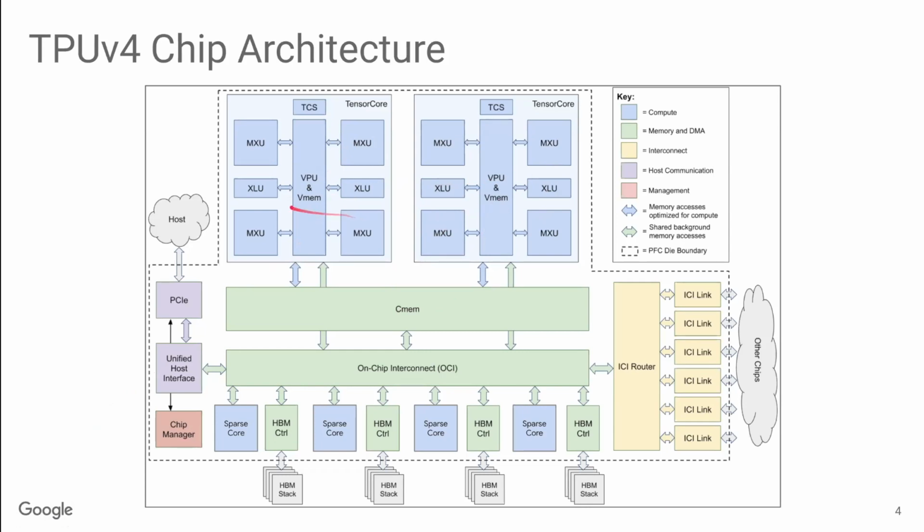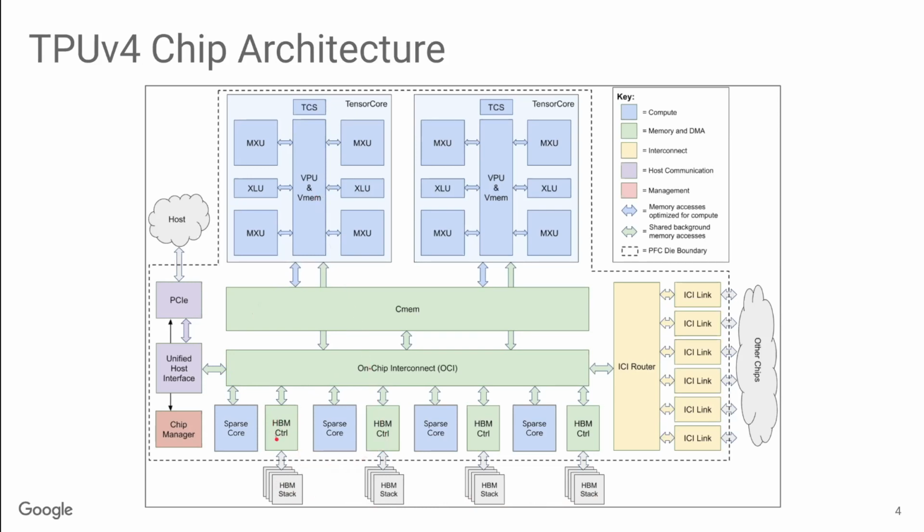In addition, they have their own vector memory of 16 megabytes. Each of the tensor cores has 4 multiplier units, so we can do 4 parallel multiplies. And the compiler basically schedules everything to work onto this machine. Down at the bottom, there are stacked HBMs, which communicate through the on-chip network and drop data either into the CMEM or directly into the vector memory.